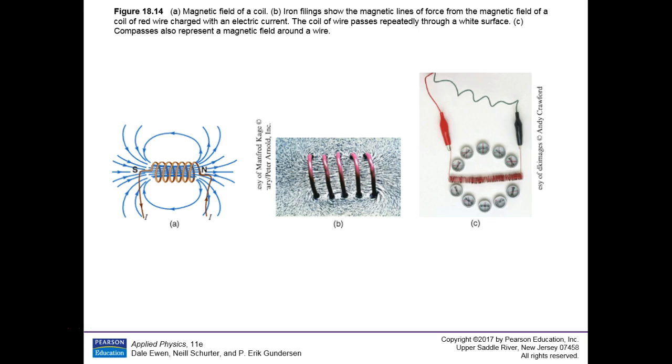That's the magnetic field of a core, and if you put iron filings on the paper and run the coil through the paper like this, there's the bottom half on the other side. Look at those iron filings. They're showing you the magnetic field lines just like this. That's the north, there's the south, if it's lined up this way and the current's running that way. The coil of wire passes repeatedly through the white surface, and the compass is also detecting the field.